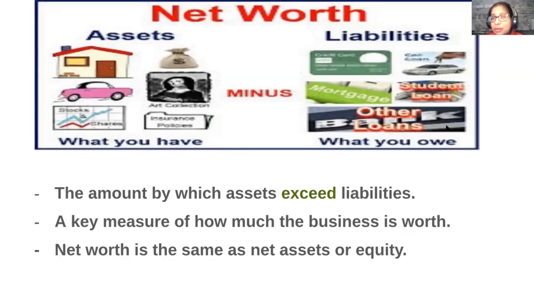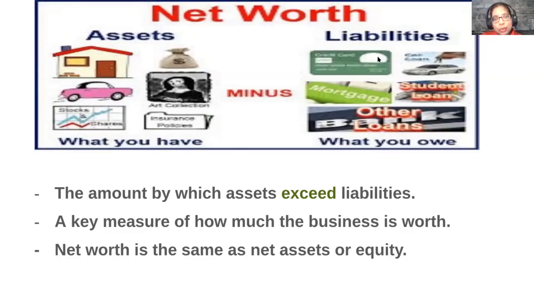And liabilities would be what you owe people. If you have student loans or other debts that you owe people, those things would be liabilities, right? So it's better to have more assets than liabilities any day of the week, right?